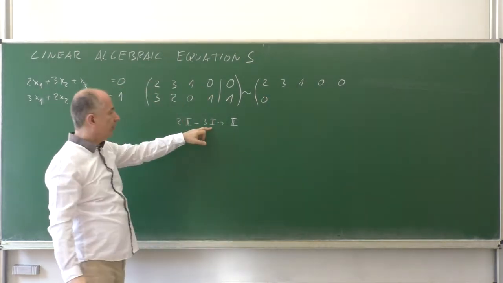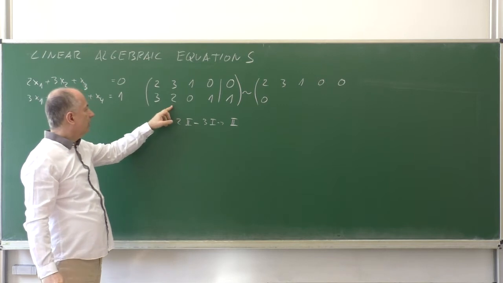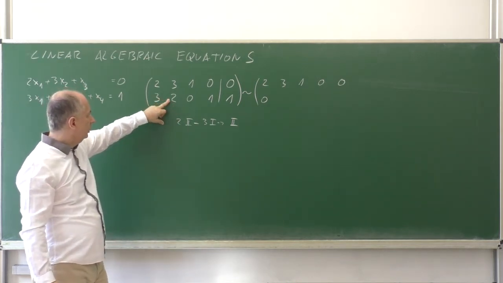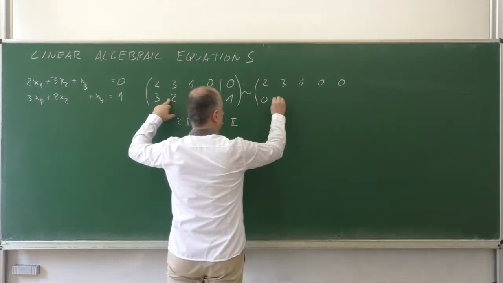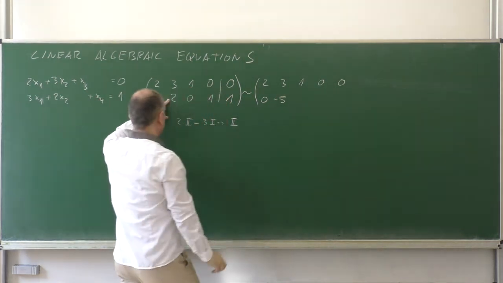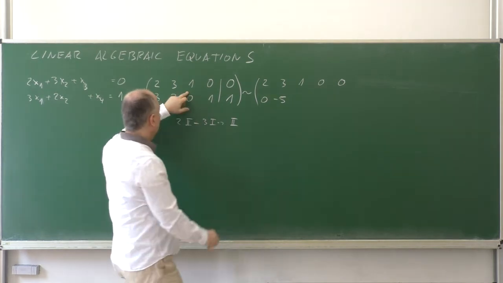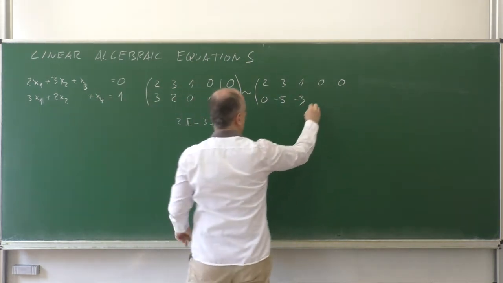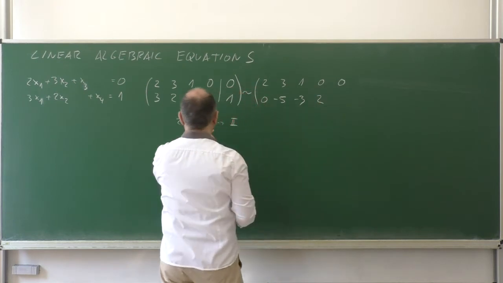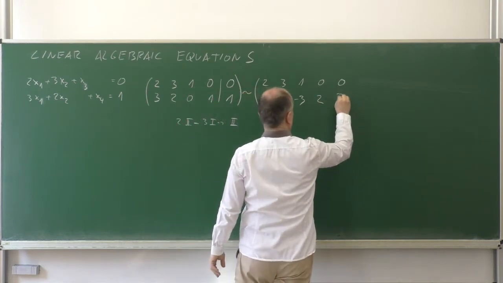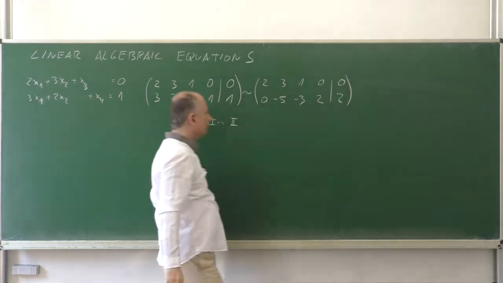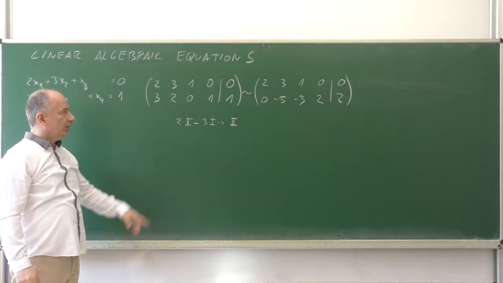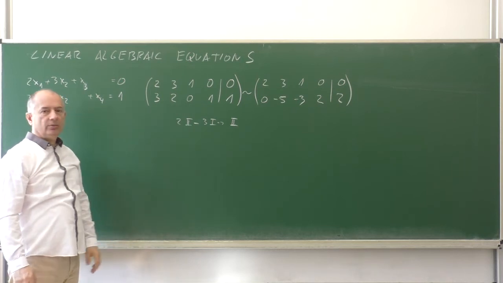And we do the same operation with the remainder of the second row. And we get 4 minus 9, which is minus 5. Minus 3, 2, 2. So this was the Gauss elimination, and the matrix is in the upper triangular form.